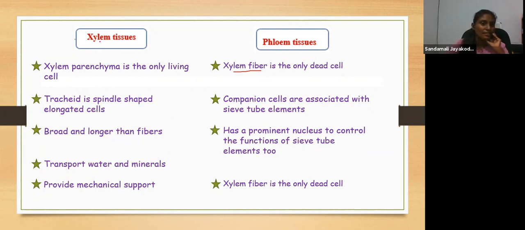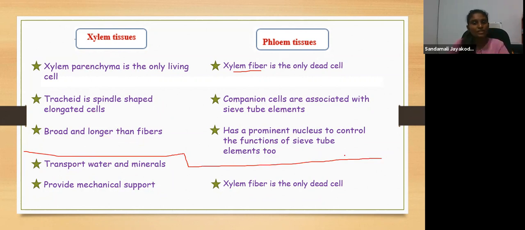And then, when we think about the function, xylem tissue transports water and minerals, and phloem tissue transports, here there's a mistake. This should be transport food.